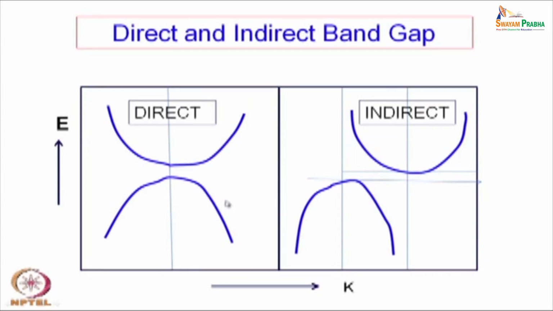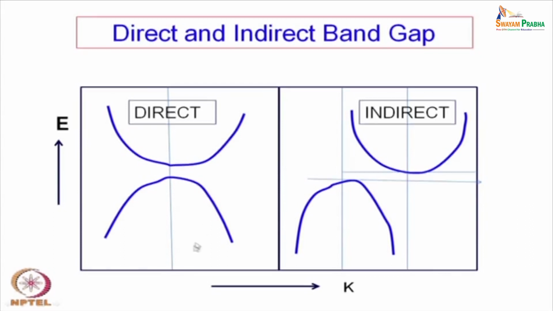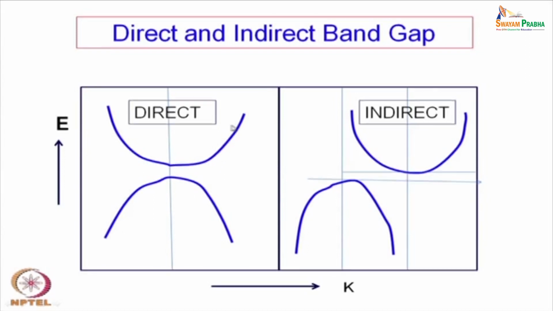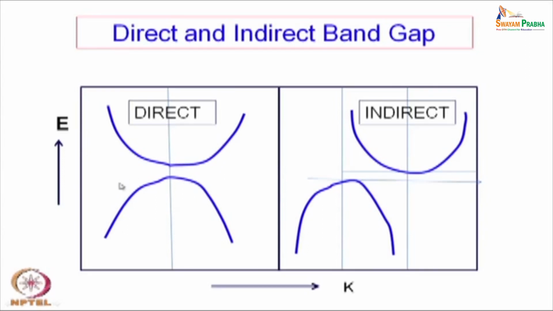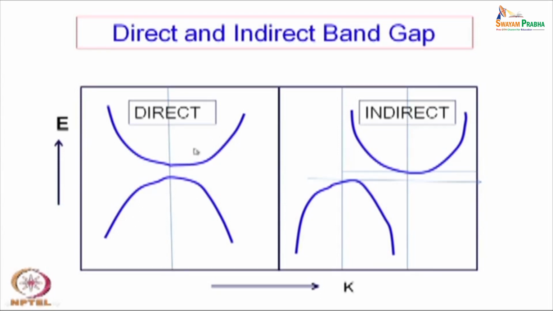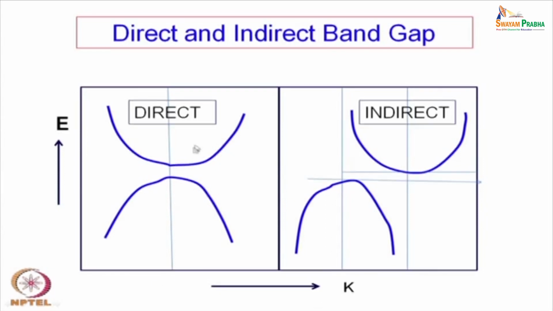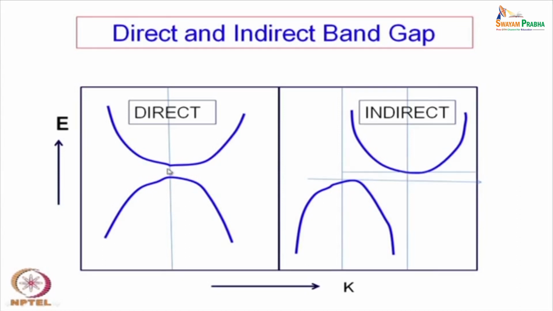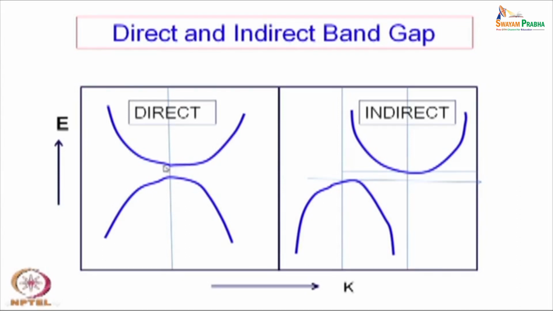So, the gap is along the vertical line, or the electron can move in an inclined way also. It can start there and follow an inclined path as well, but generally the vertical direction is shown, and the minimum gap is the forbidden energy gap. Always we have to remember this is the minimum energy gap.